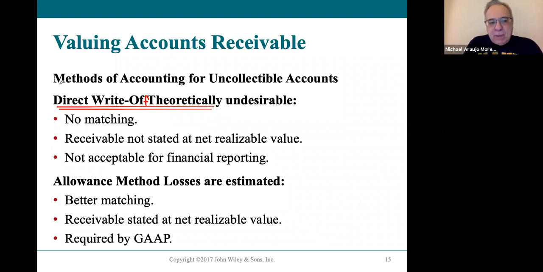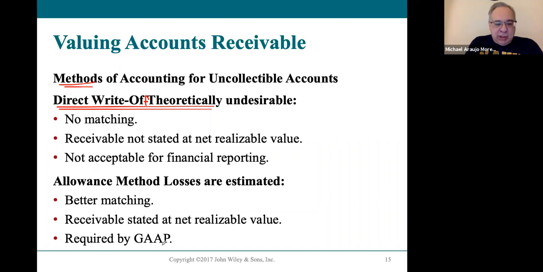But you can only use this particular method if you're not subject to the rules of GAAP and financial reporting. So if you're a sole proprietorship, if you're a partnership, or even if you're a private corporation, technically you can use direct write-off anytime.